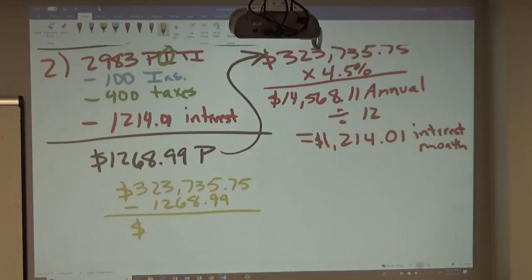And that's a new loan balance after 2 payments of $322,466.76. So that's after 2 payments.